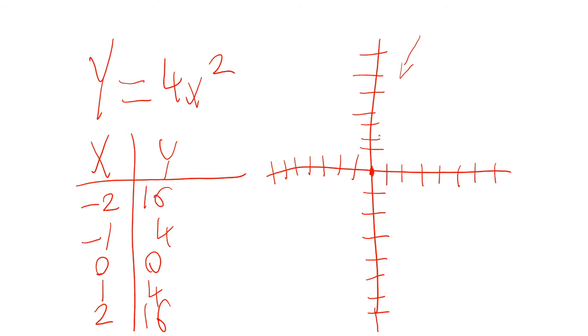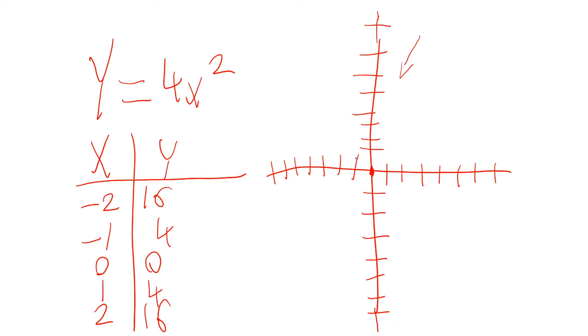Obviously I don't have 16 over here, so I could count by 4: 4, 8, 12, 16. Or I can count by 2s: 2, 4, 6, 8, 10, 12, 14, 16. We're going to count by 2 since that seems efficient.